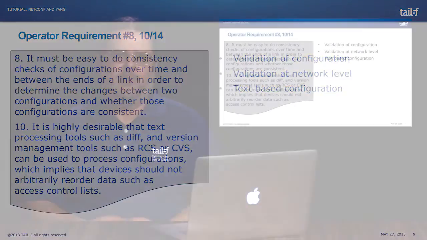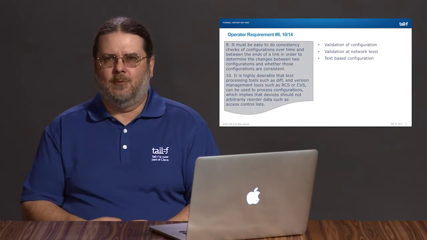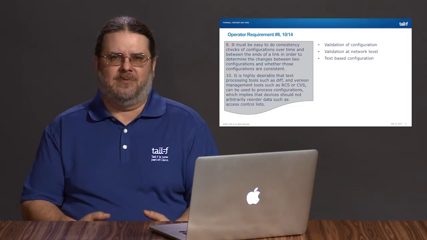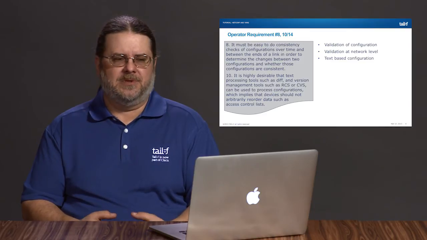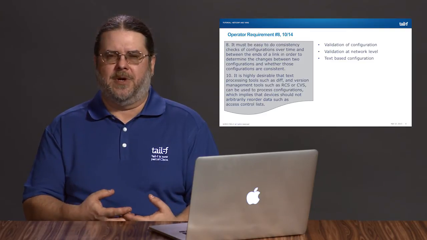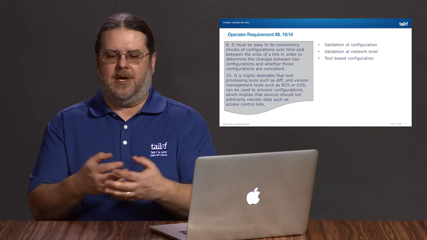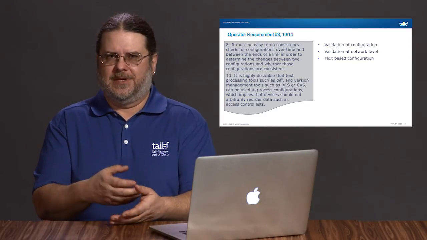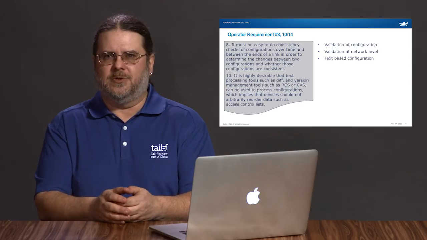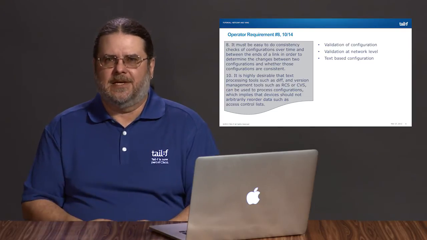In other words, a requirement that I'm not working with a blob of opaque binary data that's very hard to inspect, manipulate, and compare. I want to be able to, from my modern network management protocol, fetch my configs and send them through standard command line tool chains to process it as text.